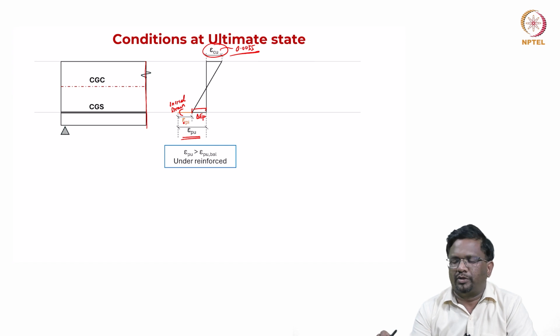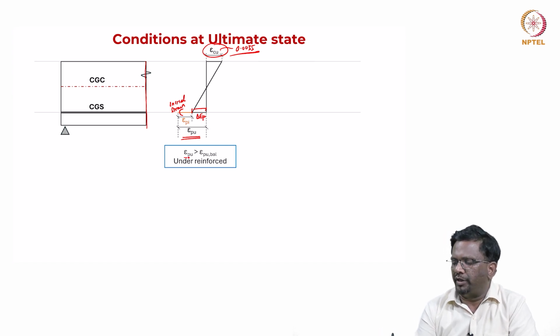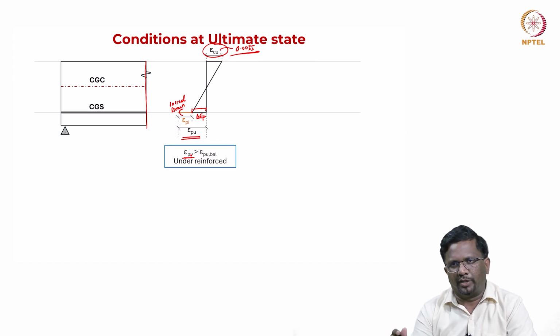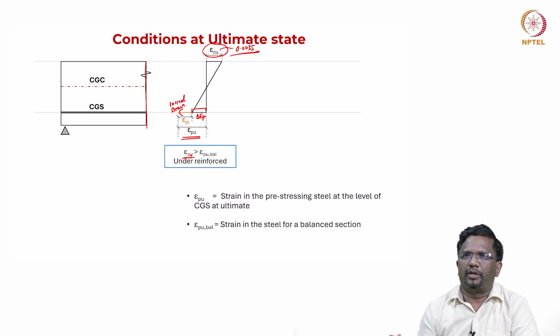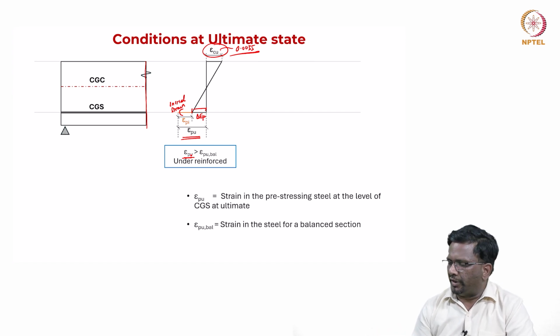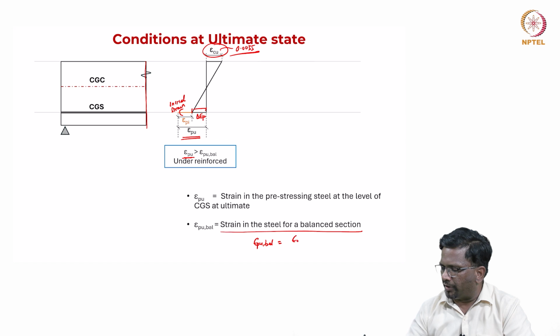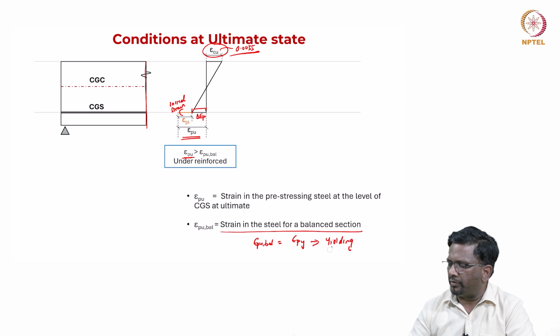So, what we are saying is for an under reinforced condition, the strain at ultimate will be greater than what you get for a balanced condition, or in other words, it is going to be greater than the yielding strain, right. So, this is the strain in the steel for the balanced section, and typically epsilon pu balance we will define as equal to epsilon py, some yielding, right.